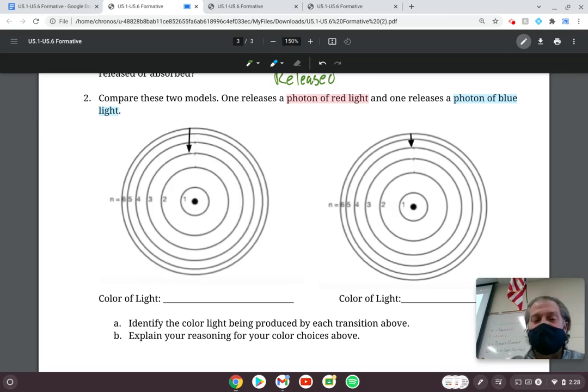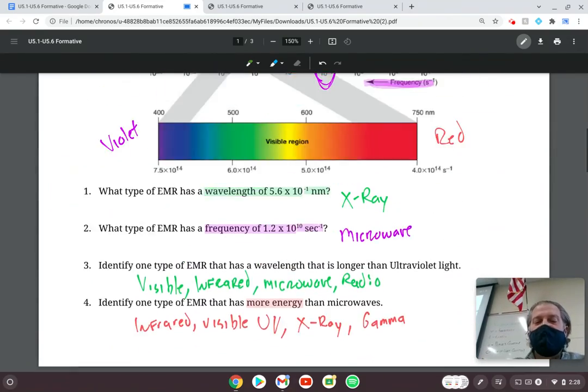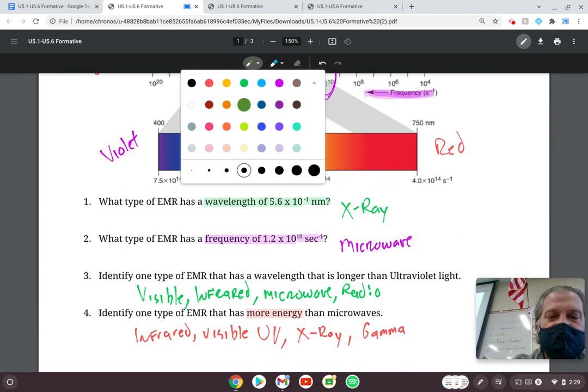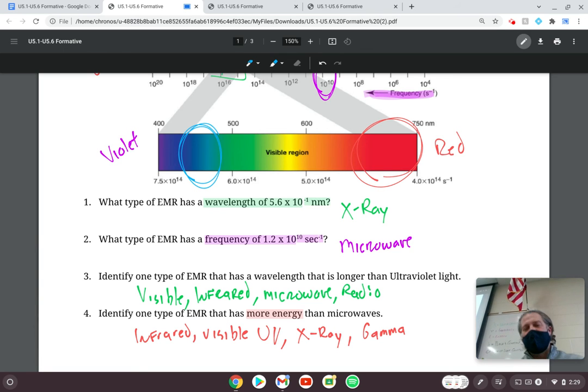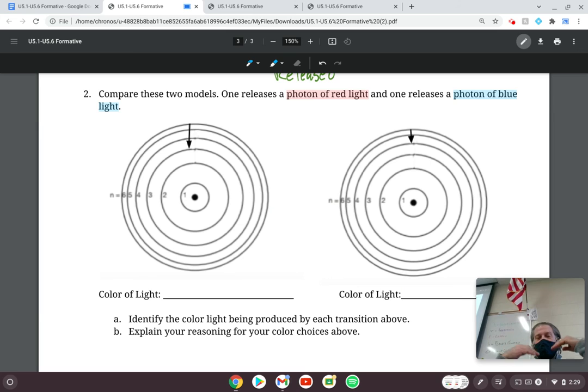I'm going to scroll back up to this diagram up here, and we're comparing red light to blue light. What we remember is that red light has a longer wavelength, so it has lower energy. Blue light has a shorter wavelength, so it has higher energy. So the one that drops the most is going to be the blue light.